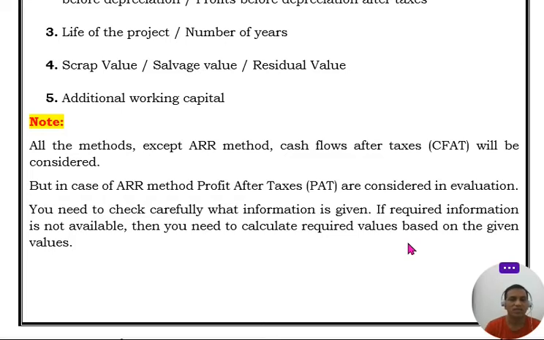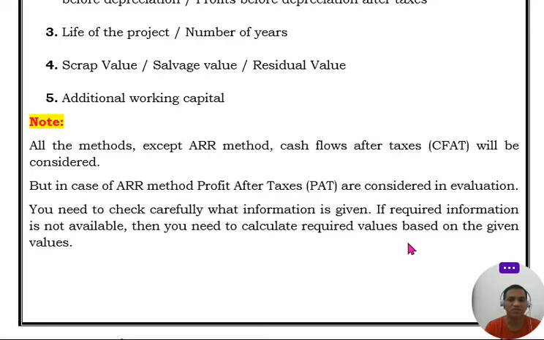So when you are solving the problem practically, you have to see what information is given, whether it is the required information or not. If the required information is given directly, we can use the formula and calculate. If it is not given directly, then you have to calculate and extract the required values from the question.